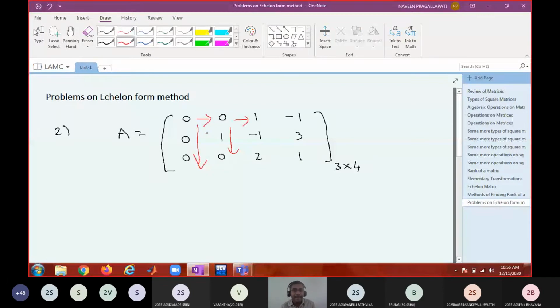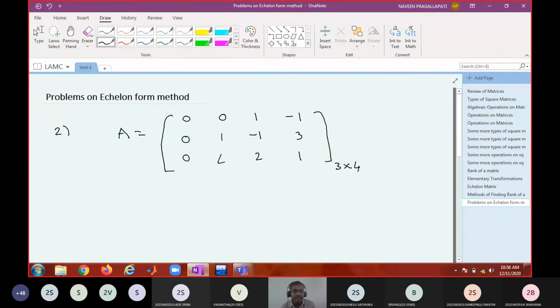Is it clear? Now, if my matrix is like this, then where do I have to see? Unfortunately this entry is also occupied by 0. Then I have to look for a non-zero entry down under this. There is a non-zero entry here, and there is a non-zero entry here. Let me make this element also some non-zero entry.